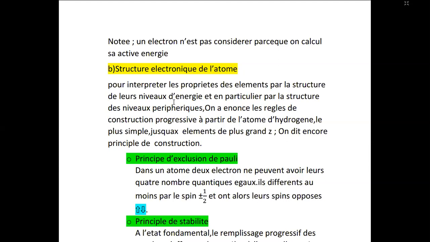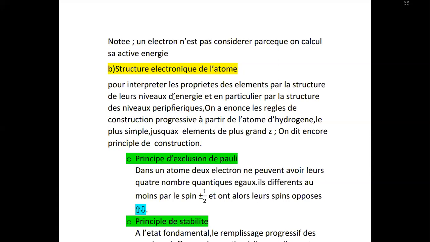You have to observe some rules, and these rules start from the atom of hydrogen, which is simple, 1 electron, to the atom with a large Z, which has in simpler terms a lot of electrons. So the start of these things is what we call principe de construction.